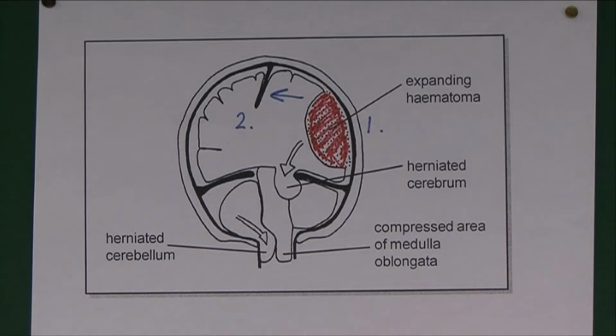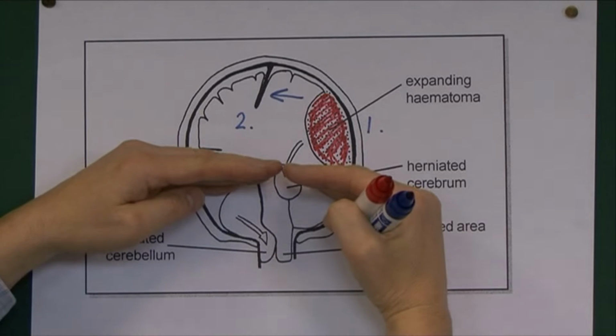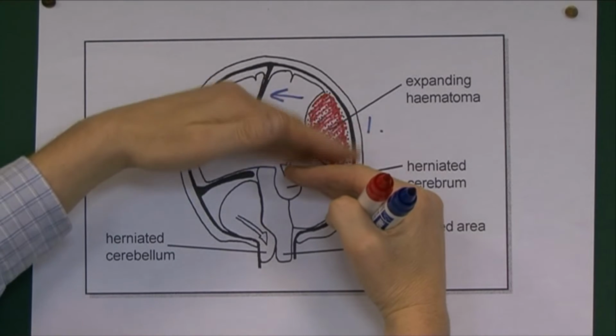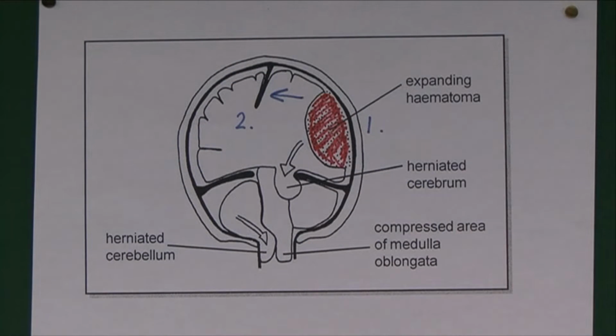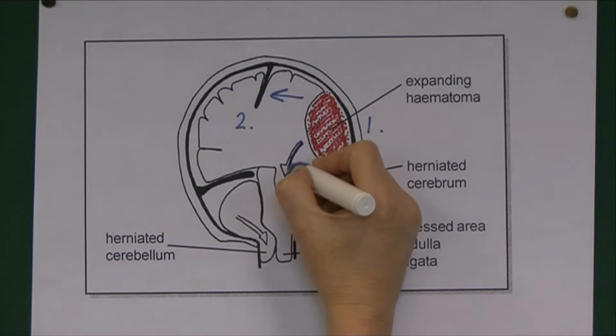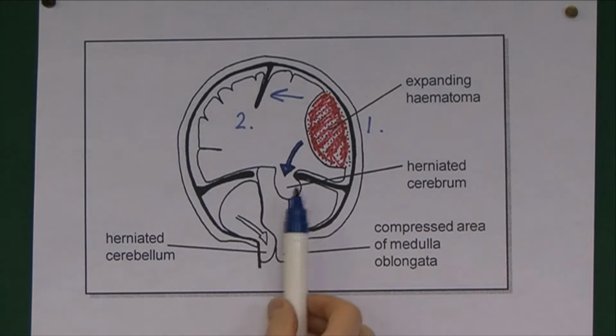And to begin with, the tentorium can withhold that pressure. As the pressure increases, the tentorium will not give way. But then eventually, part of the temporal lobe will be pushed down through the tentorium. This is called tentorial herniation.